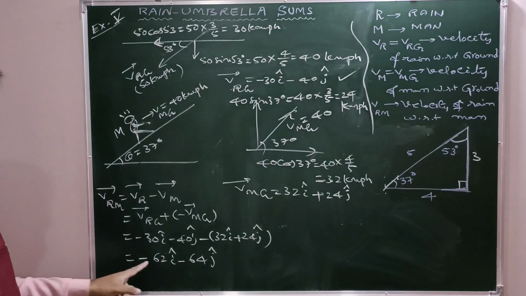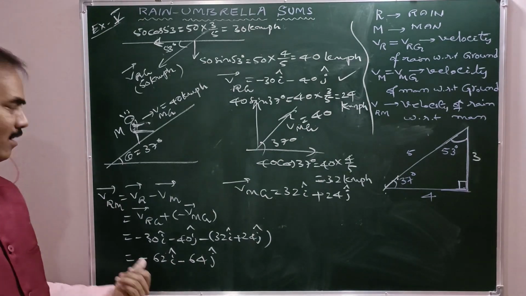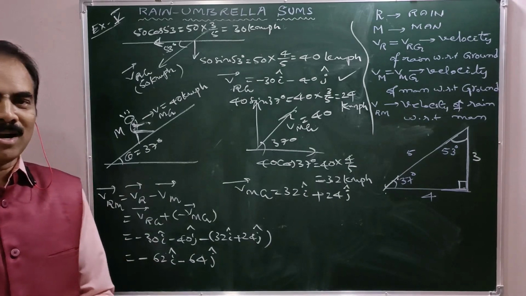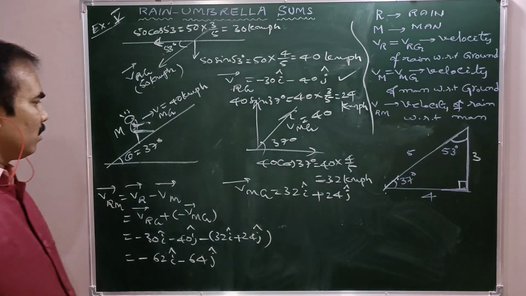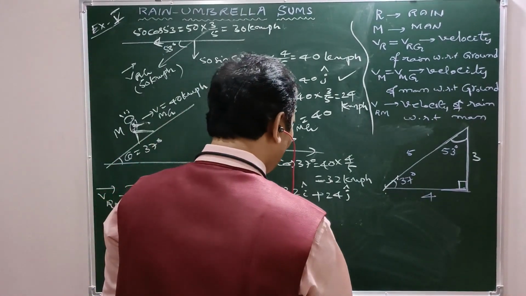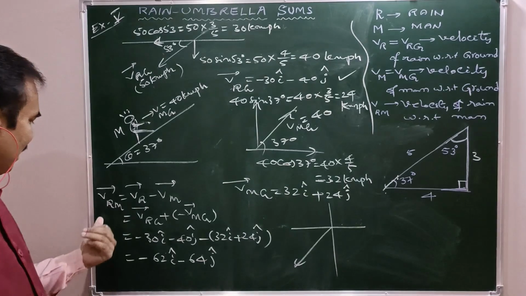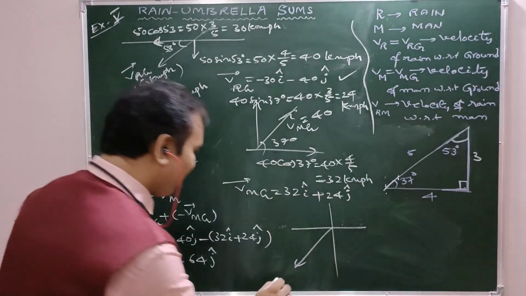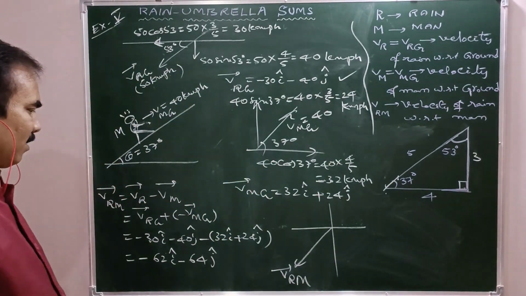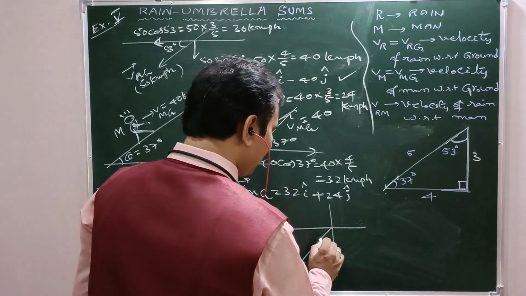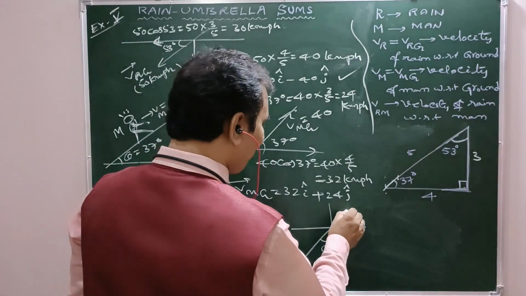Again VRM has two negative components: minus j cap and minus i cap, which means VRM lies in the third quadrant, because both components are negative. So VRM bar, if I take the angle theta with the lower vertical, you must hold his umbrella like that.